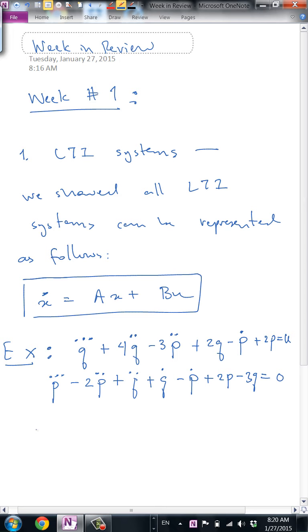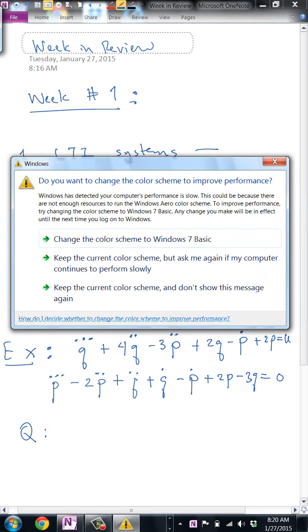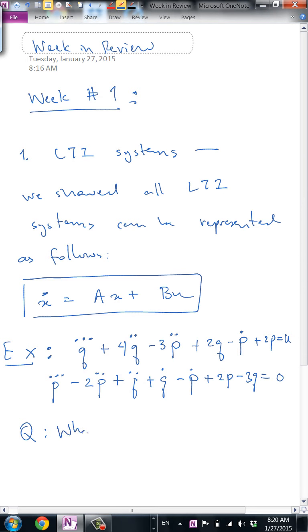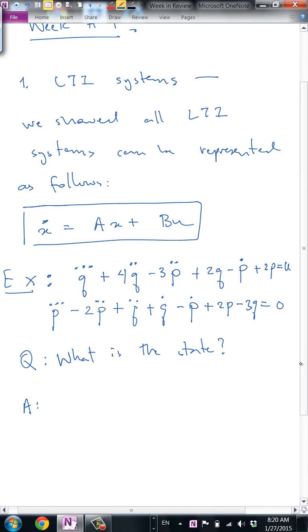Before we get to that, a good question for you, and you can pause this and try to answer it before I give you the answer: what is the state of the system? The answer is that the state is 6-dimensional, and the reason is that we need to know q, q dot, q double dot, p, p dot, p double dot in order to propagate the system of differential equations that I've given above.